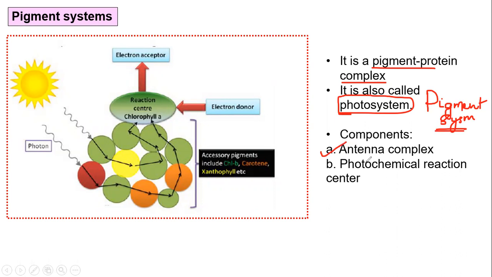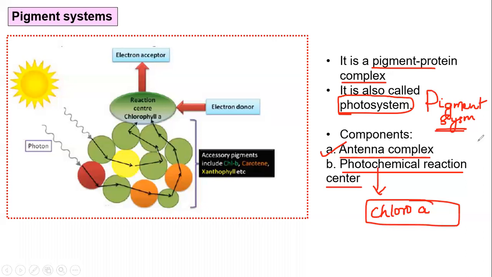It consists of an antennae complex and a photochemical reaction center, which is the chlorophyll molecule. Chlorophyll A molecule is the reaction center, whereas the accessory pigments come under the class of antennae molecules.